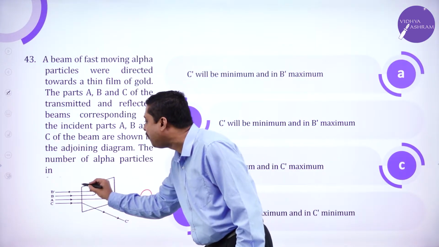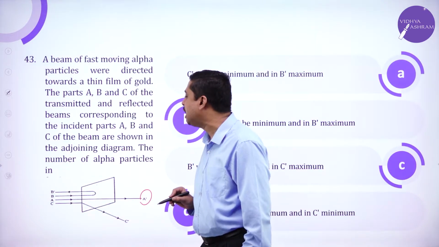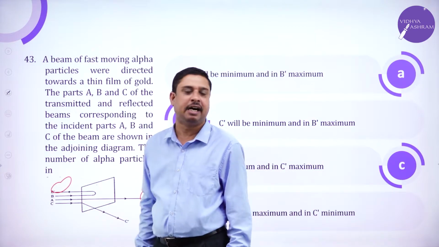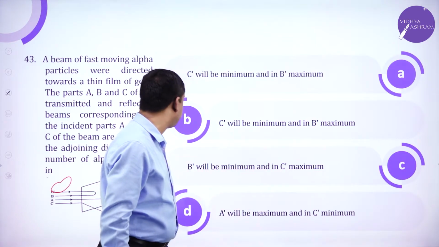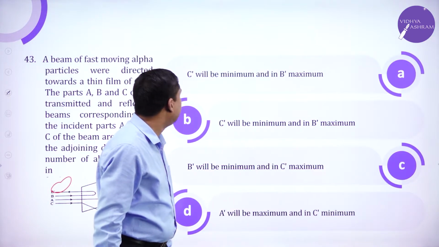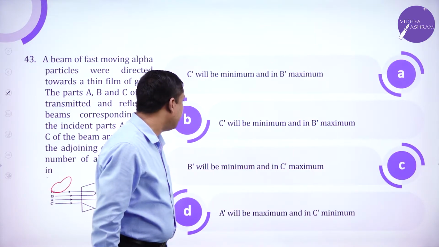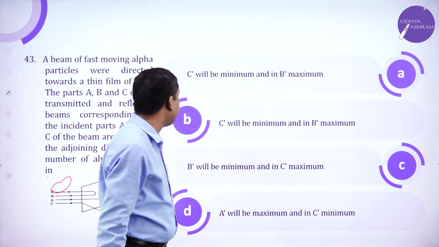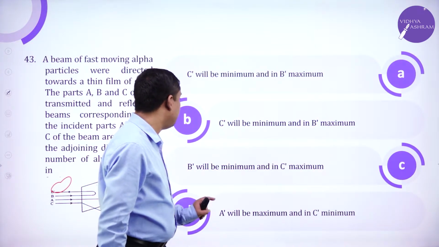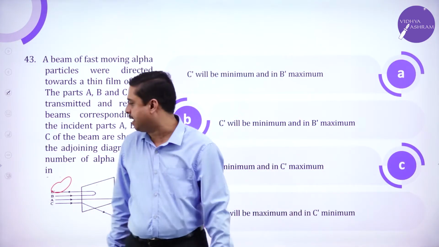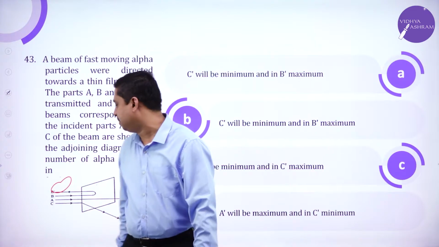Particles are reflected back to the initial point. So minimum particles are scattered here. So as an option, A dash will be maximum and B dash will be minimum.